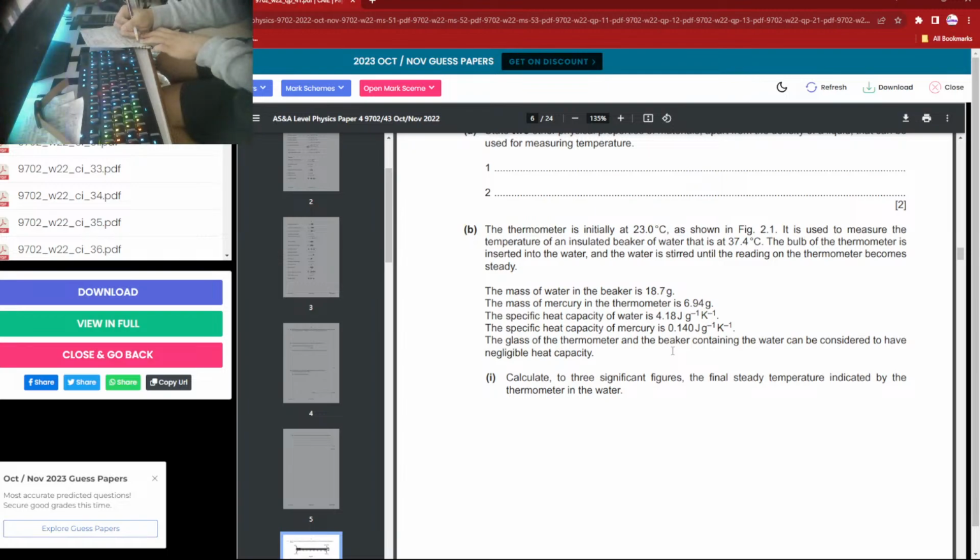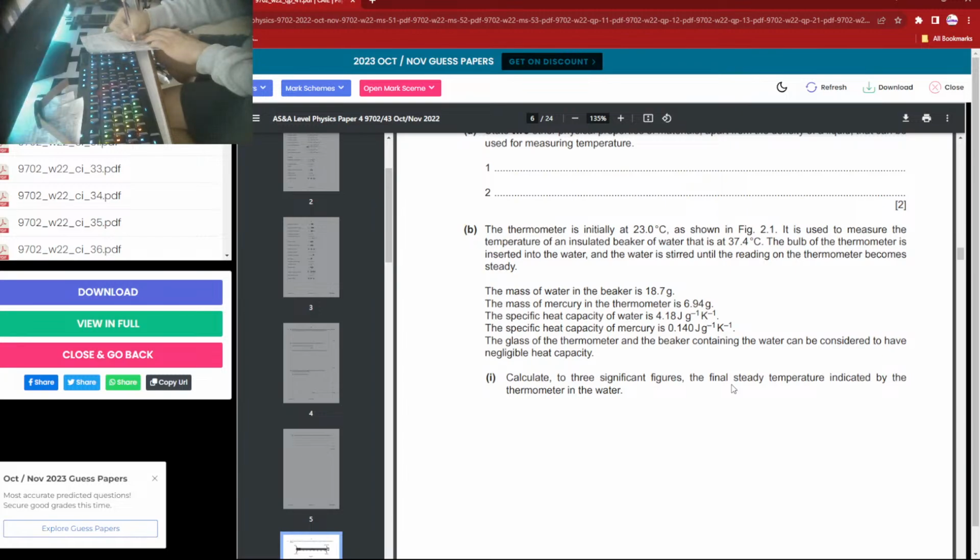So first one, the mass of water in the beaker is 18.7. I don't need to convert it to kilograms because the units cancel out based on the equation. 18.7 times the specific heat capacity of water, which is 4.18, and the change in temperature would be 37.4.